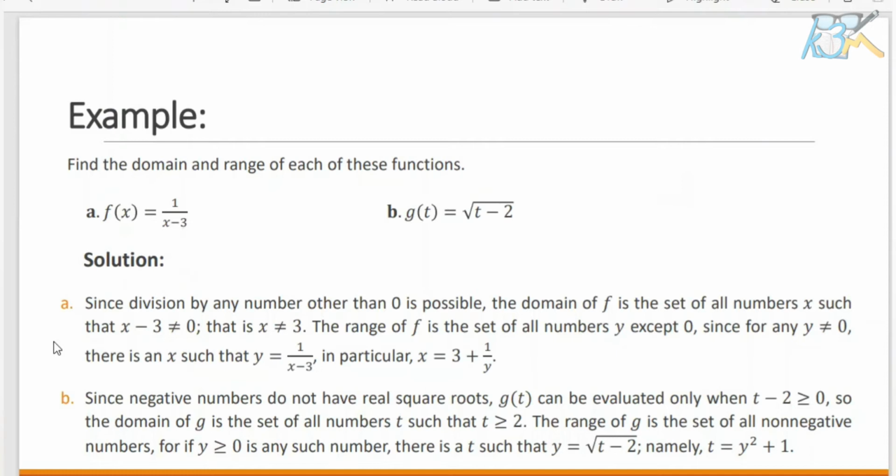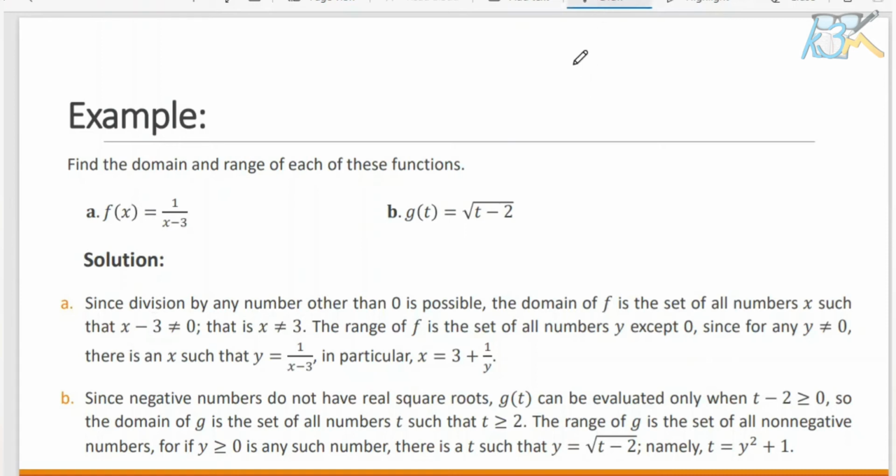Solutions for letter A. Since division by any number other than 0 is possible, the domain of f is the set of all numbers x such that the denominator, that is x minus 3, must not equal 0. That is, x should not be equal to 3.